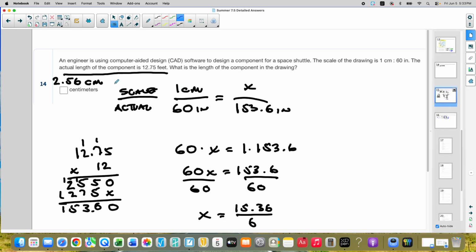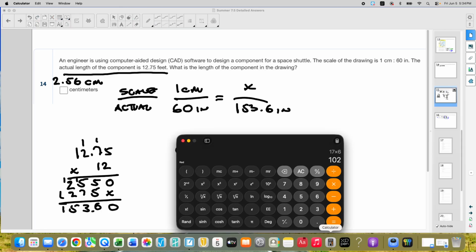Ooh, so I did make a mistake. 2.56. So let's check our math here. I thought it was kind of weird that I came up with 153.6. I was waiting for it to be 12.75 times 12. I probably made a mistake here. 12.75 times 12 should have given me 153.